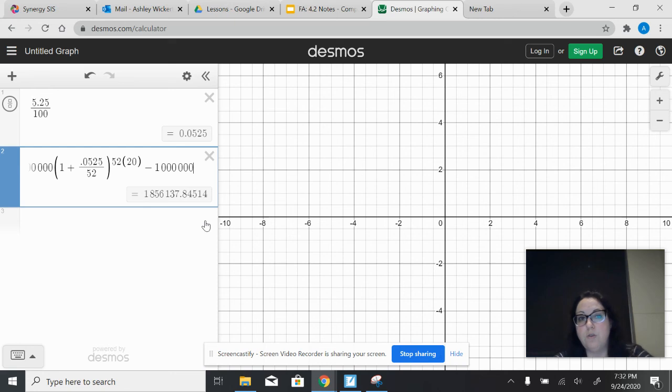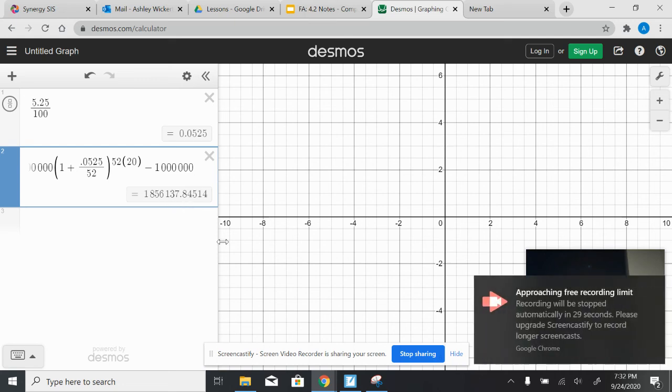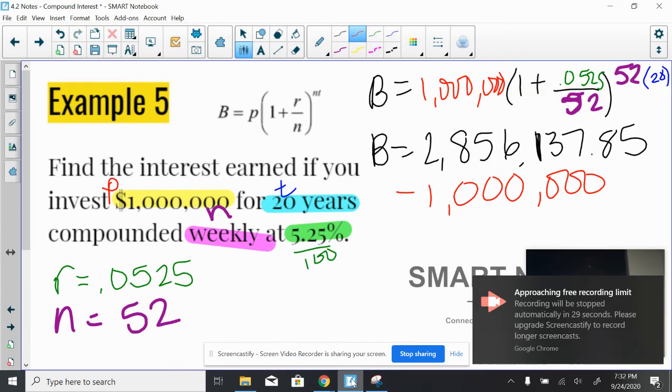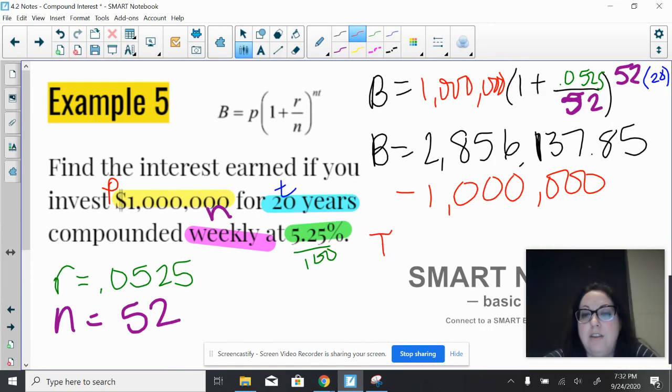So it looks like over the course of the 20 years, you actually earned $1,856,137.85 in interest.